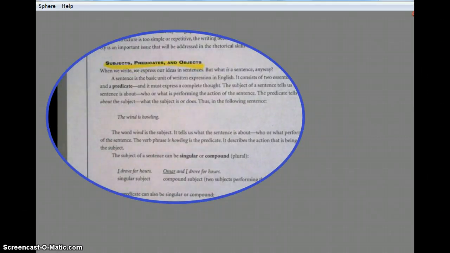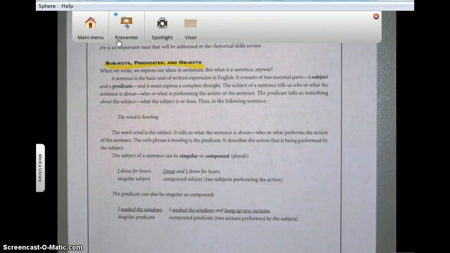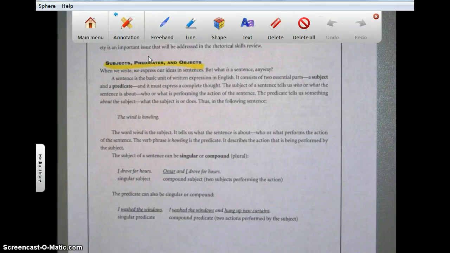So let's go ahead and start with subjects, predicates, and objects. The predicate for all other purposes is called a verb, and we're going to start looking at some sentences here. The sentence is basically made up of the three parts. The wind is howling.